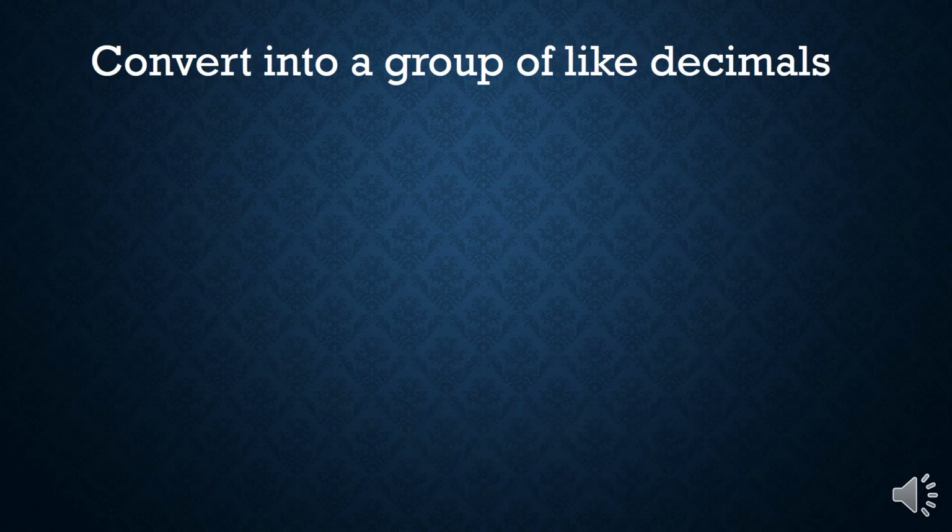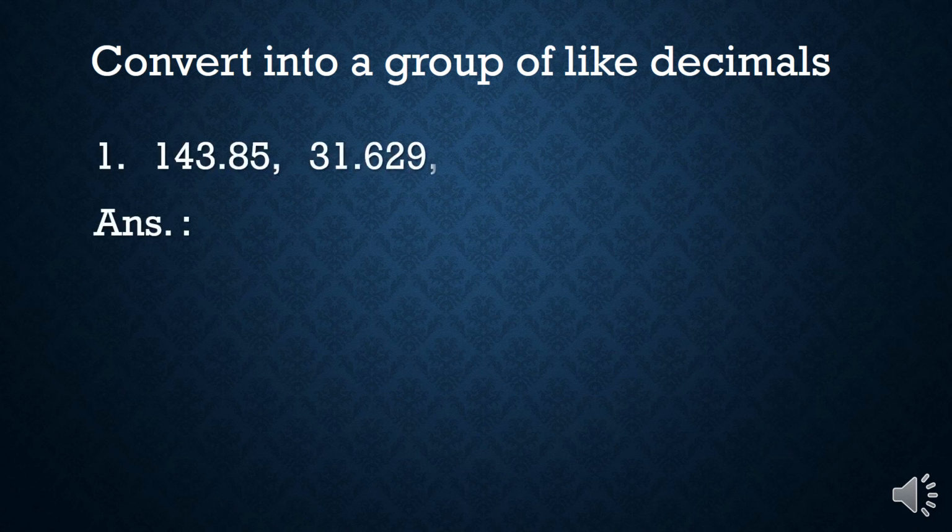Let us solve some more examples. Convert into a group of like decimals. Question number 1. 143.85, 31.629, 17.26 and 5.01. First you tell me which number has the maximum number of digits after decimal? Yes, 31.629.